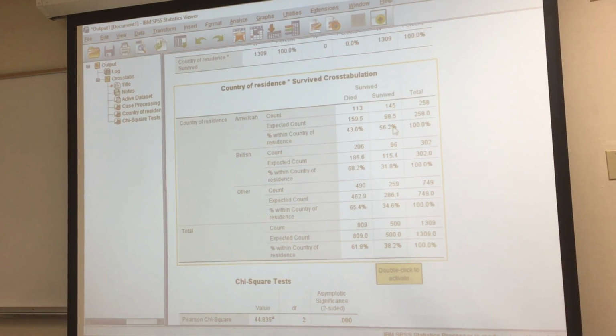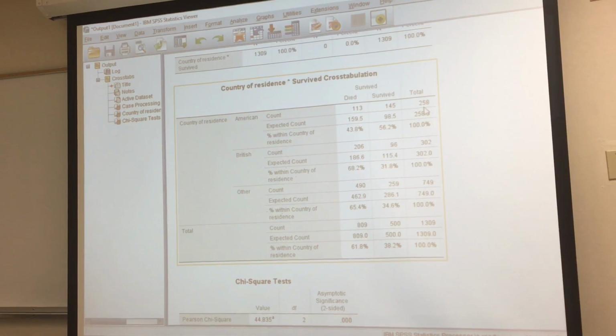And we can see a number here in this part. All this data is for the American people. You can see 113 American people died, and 145 American people survived. The total number of American people on this ship was 258.